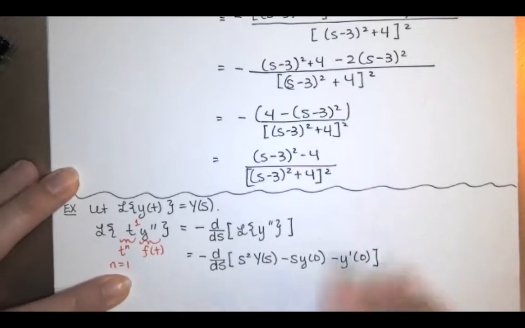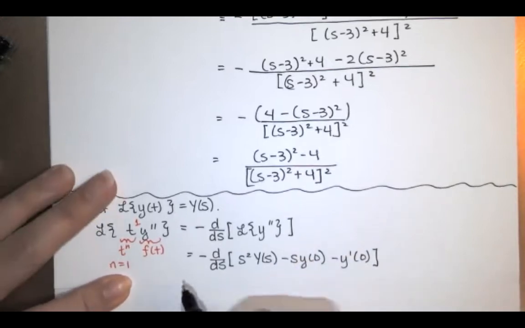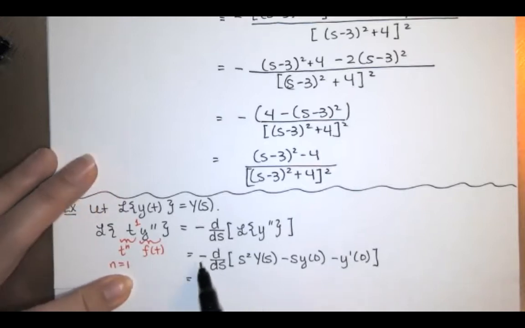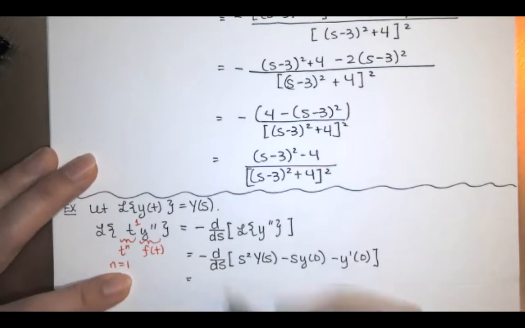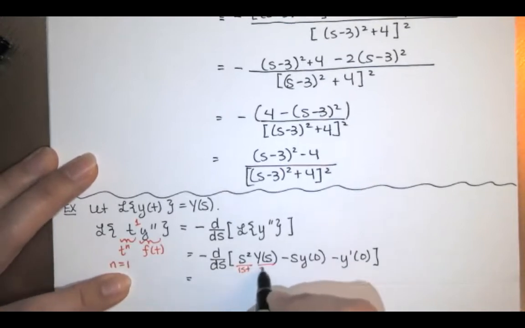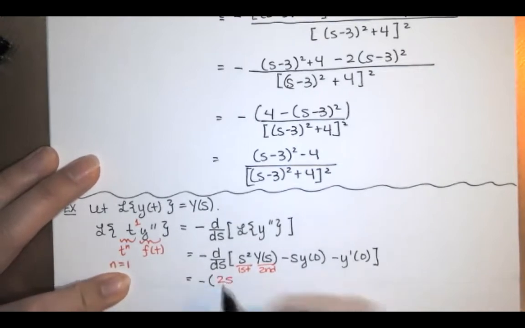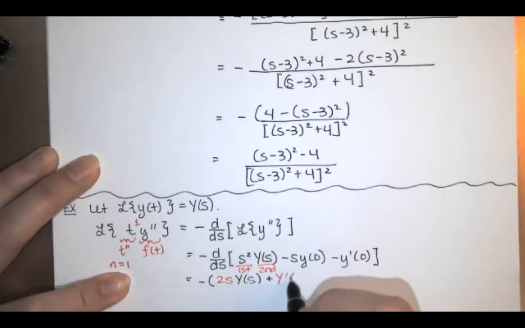Now, I don't have my initial conditions, but I know that y of 0 and y prime of 0 will be given constants. When I take the derivative, this is a function of s times a function of s, so I'll have to use the product rule. So we'll have -1 times the derivative of the first times the second, plus the derivative of the second times the first.